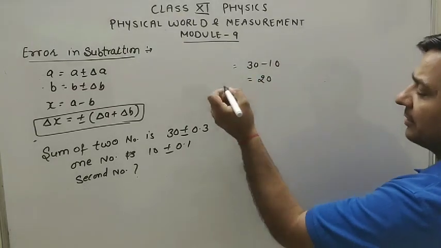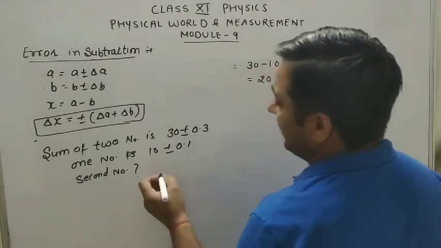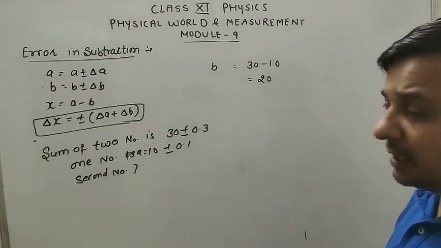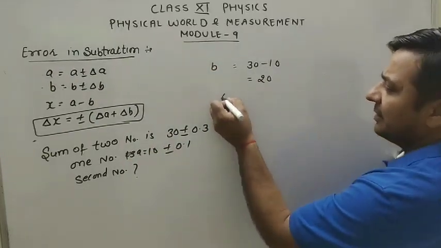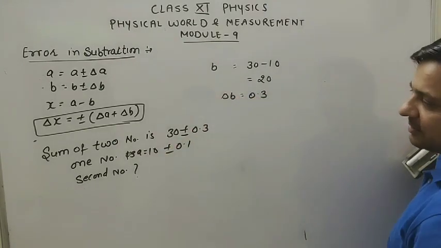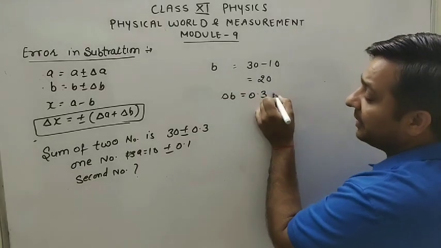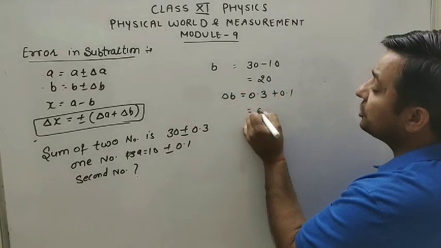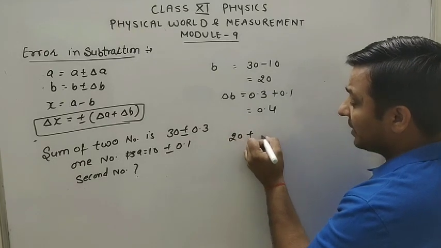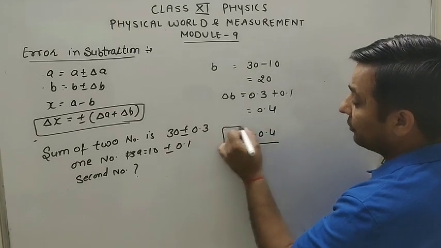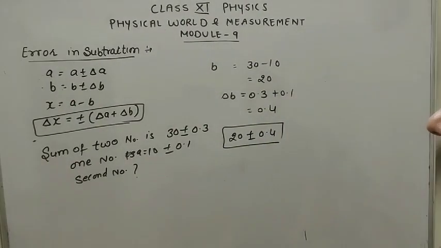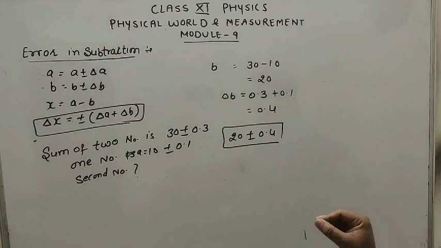But for error, suppose one number is a, and we will find b. So error delta b is 0.3 plus 0.1, definitely it will be added, so 0.4. So b is 20 plus minus 0.4, and you know this is the limit error. If you want to find the percentage error, how will you find it?